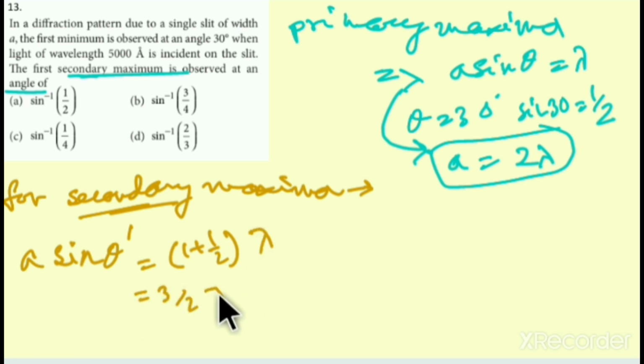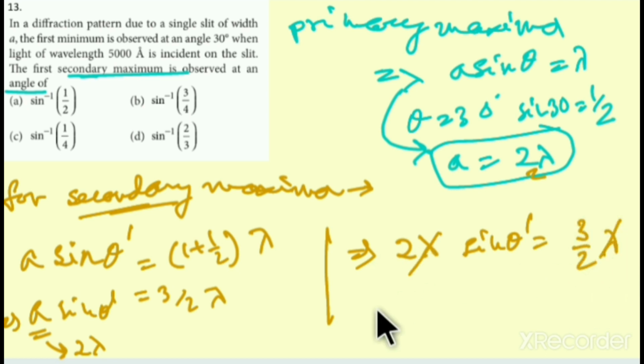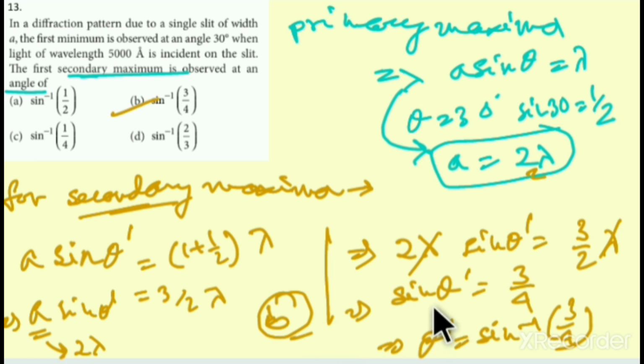So it is 3 by 2 lambda. a sine theta prime, and a is 2 lambda, as we calculated first, so 2 lambda sine theta prime is equal to 3 by 2 lambda. Here lambda cancels, and sine theta prime is equal to 3 by 4. So the angle theta prime will be sine inverse 3 by 4. So option B, sine inverse 3 by 4, will be our correct answer.